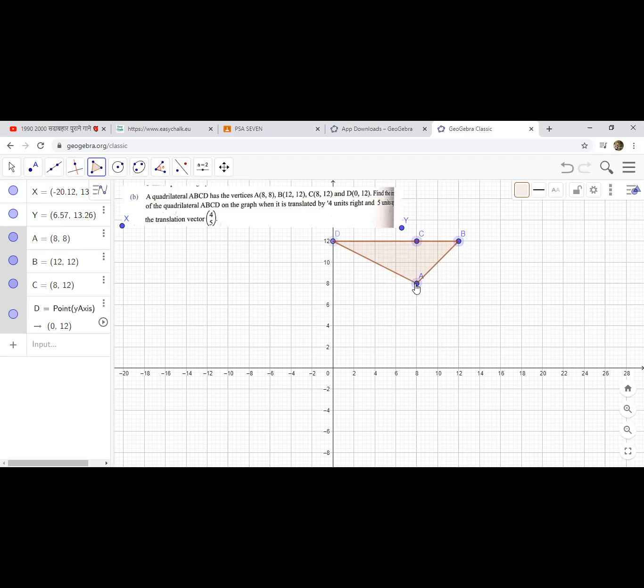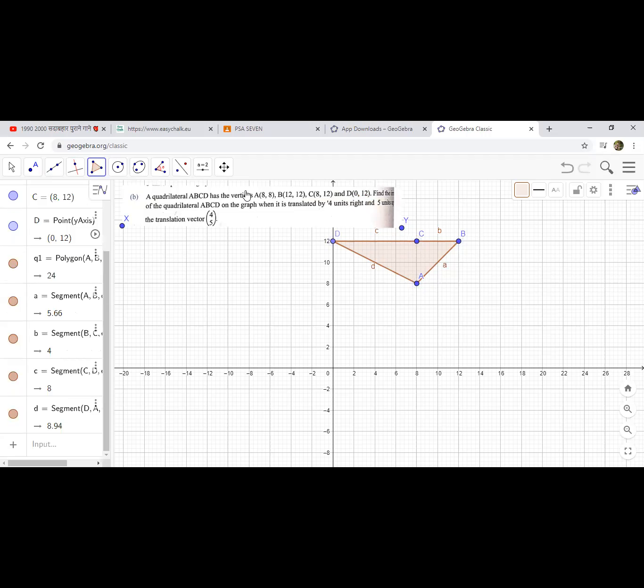Let me connect these all. Okay, and here is this a quadrilateral or a triangle? The quadrilateral should have 4 sides, but how many sides does this figure have here?